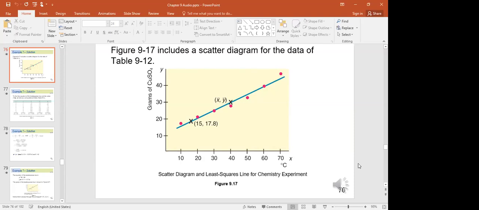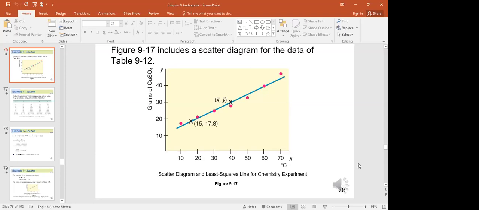So what is the slope of the regression line? I'm sorry, let's start with intercept. What is the intercept of the regression line? Y-intercept, A. Is that going to be 10.14? 10.14.